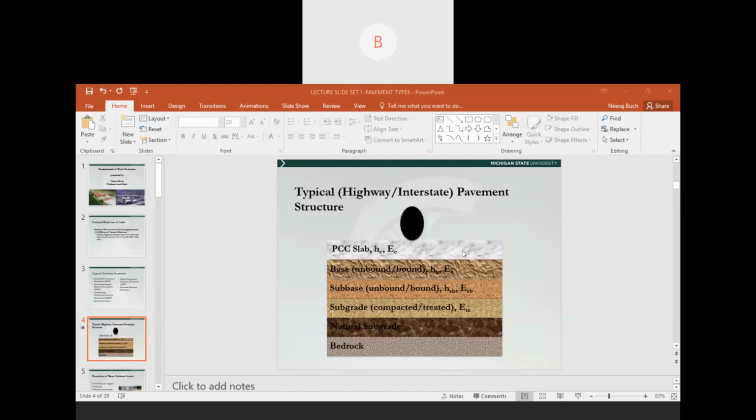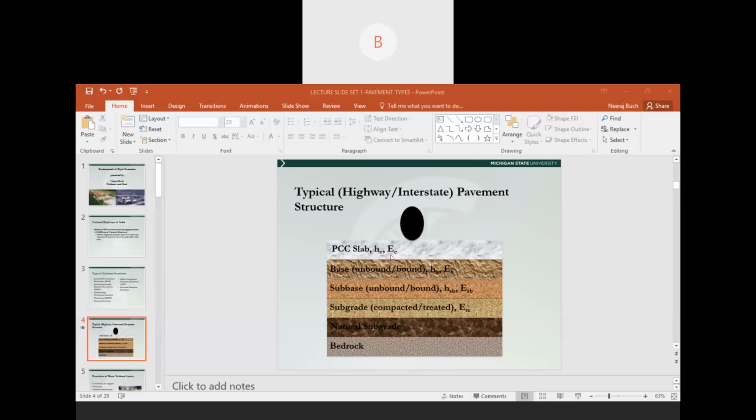And when the slab tries to expand and contract, the friction at this interface opposes that contraction or expansion. And because of this opposing nature of forces, stress is created at this interface.